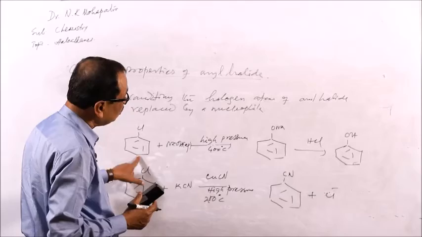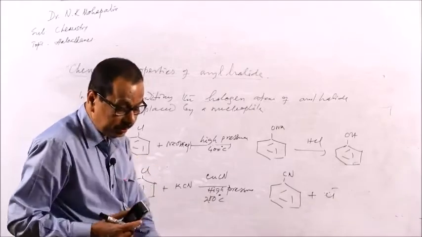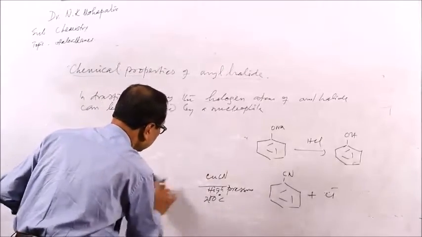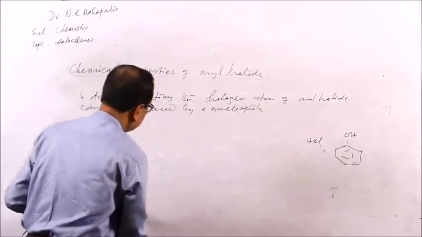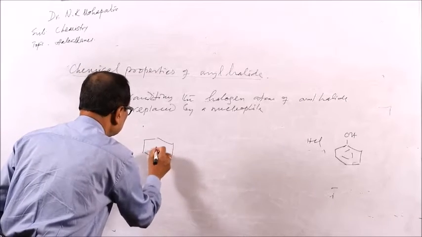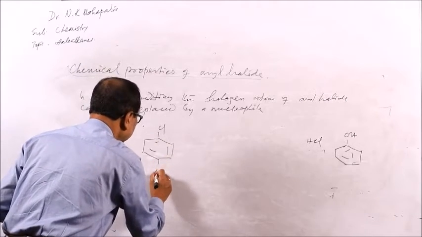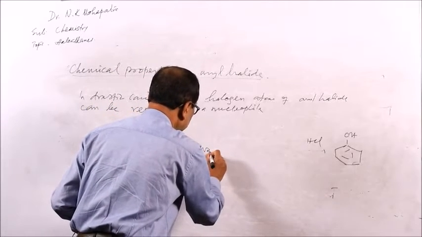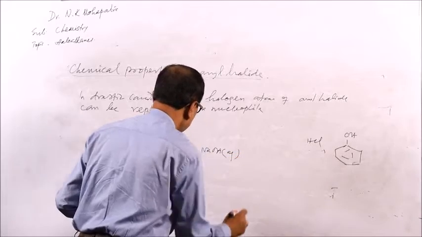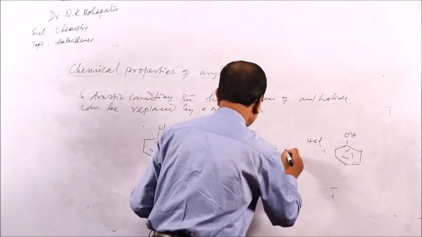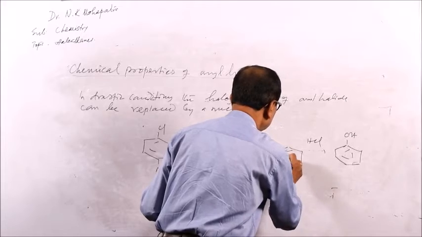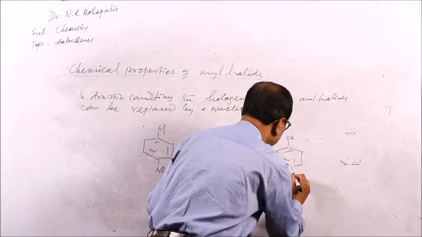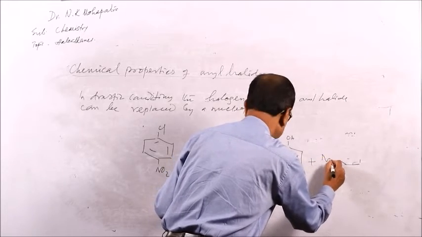For example, in case of para-nitrochlorobenzene, the nitro group is an electron withdrawing group, and if you treat it with sodium hydroxide, aqueous, then this will give you OH plus sodium chloride.